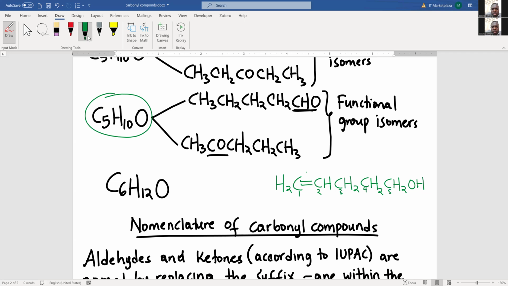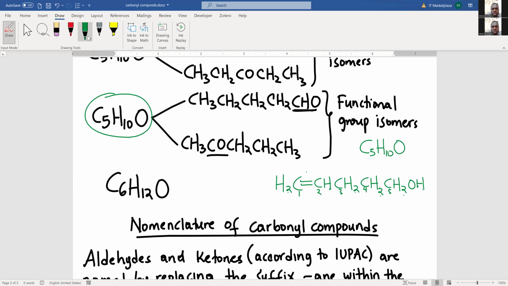So that is a tick. So C5 is satisfied. Then I look at the hydrogens. These are 2 hydrogens. 3, 4, 5, 6, 7, 8, 9, 10. So there are 10 hydrogens and an oxygen atom.